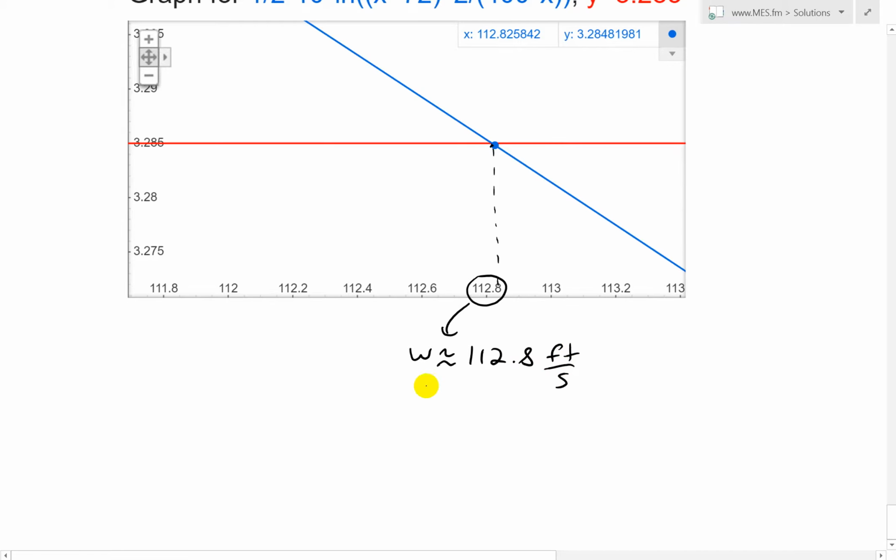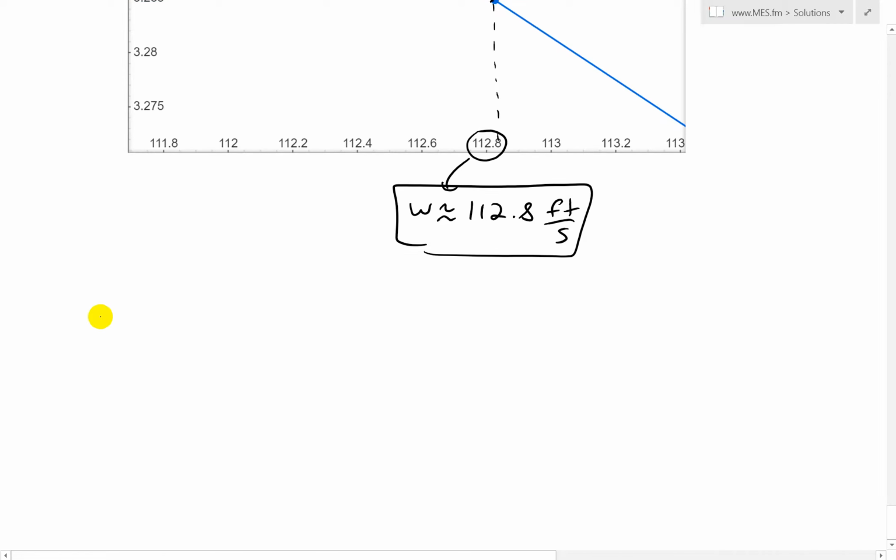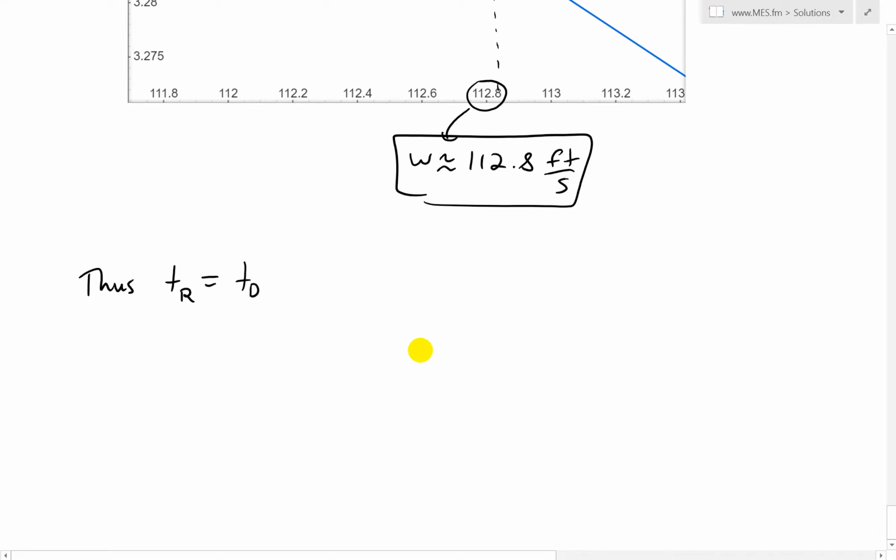per second. So what this means is, we'll write thus, the relay time TR is equal to the direct throw time TD if the shortstop velocity is roughly equal to 112.8 feet per second.